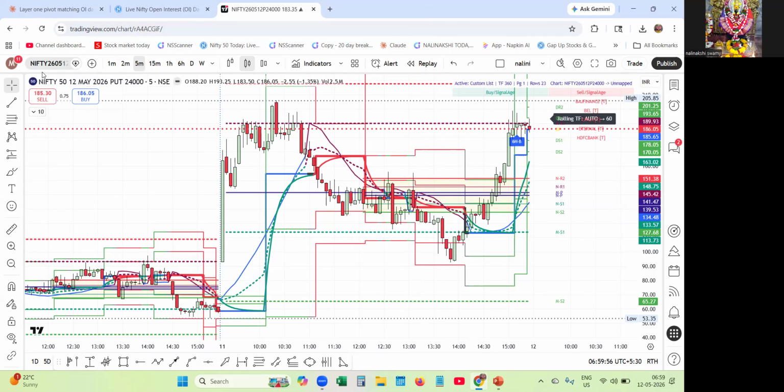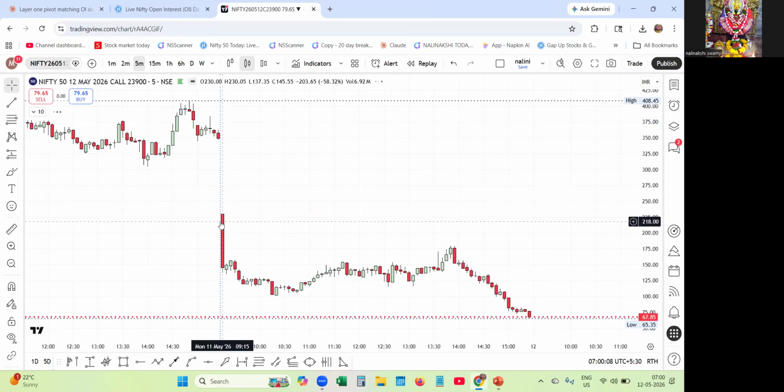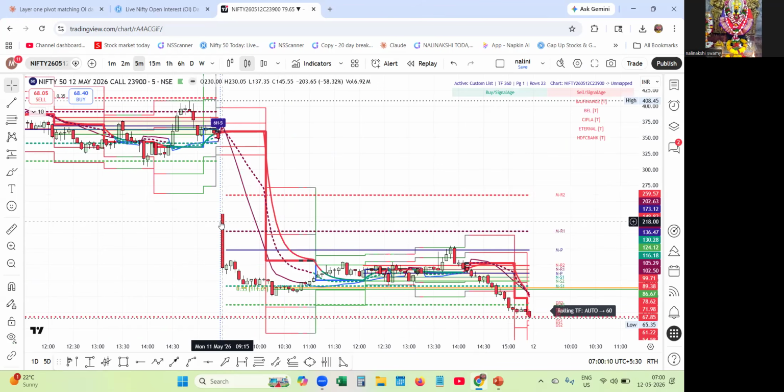So let us go a little bit inside, the 23,900 call option or the 850 call option. You can go for that. 23,900 call option. From here, at that time, you can mark it and you can see that.